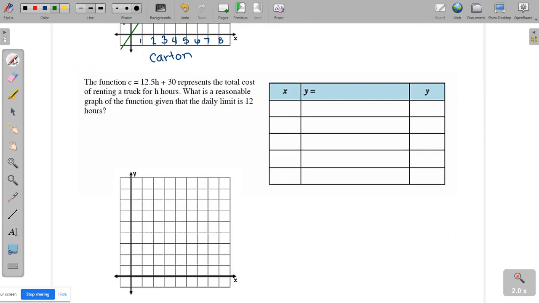So we have the function of cost, C equals 12.5h plus 30. And that represents the total cost of renting a truck for h hours.